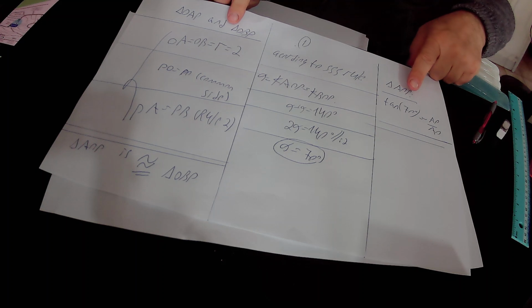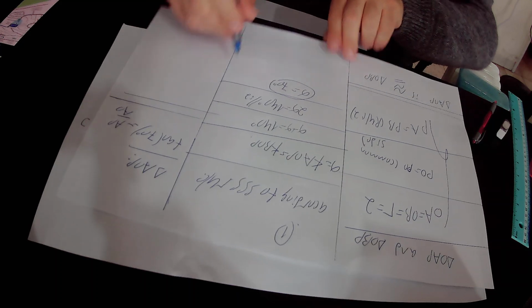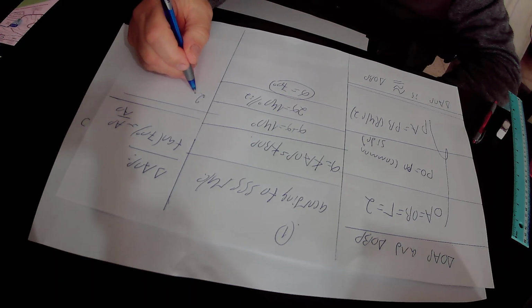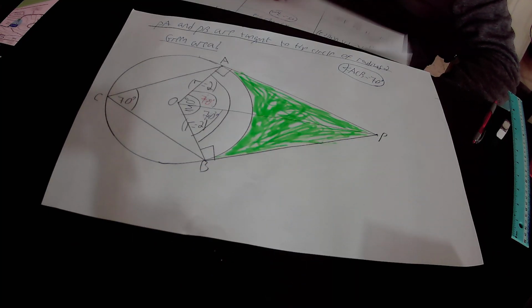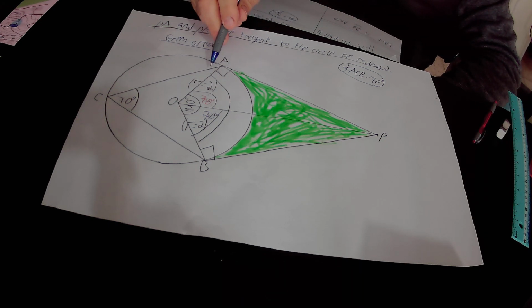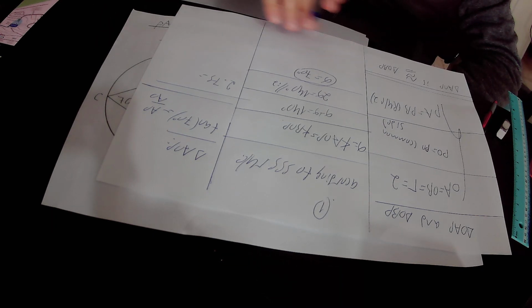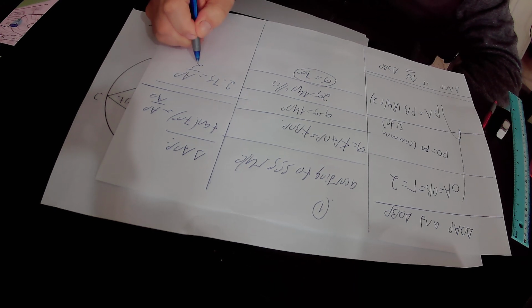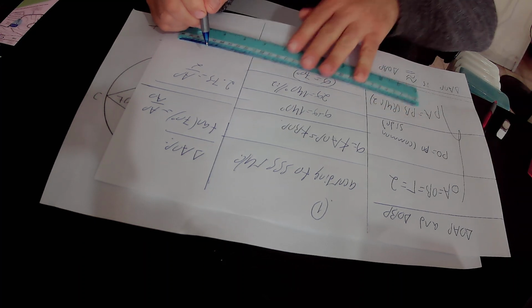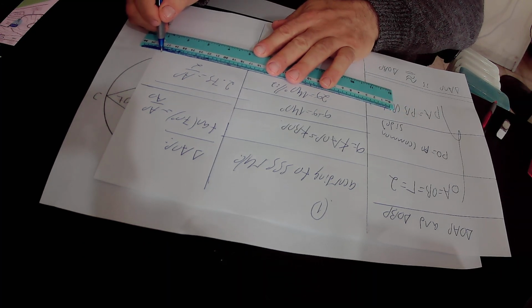Tangent 70 degrees is 2.75. So 2.75 is equal to AP. AP is the missing side, so we leave it as it is. It is AP over AO. AO equals 2, it is the radius of the circle, so we substitute AO by 2. In conclusion, 2.75 is equal to AP over 2.